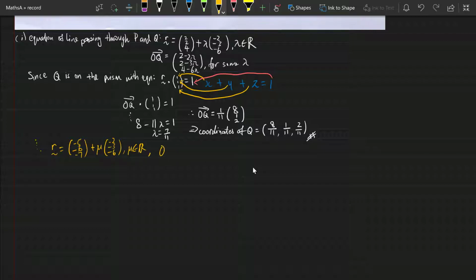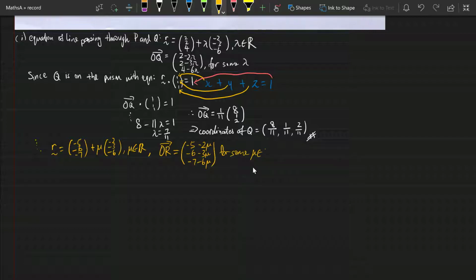And OR, because we know it lies on this line, we're going to get this one, for some real mu. If any part is unclear, you could just review the couple of minutes before this, and it shouldn't be too hard to understand, because this is just a repetition of the skills that you applied just now.